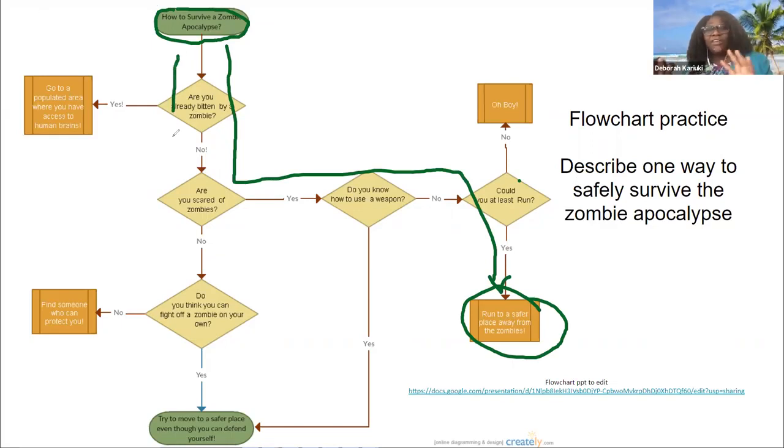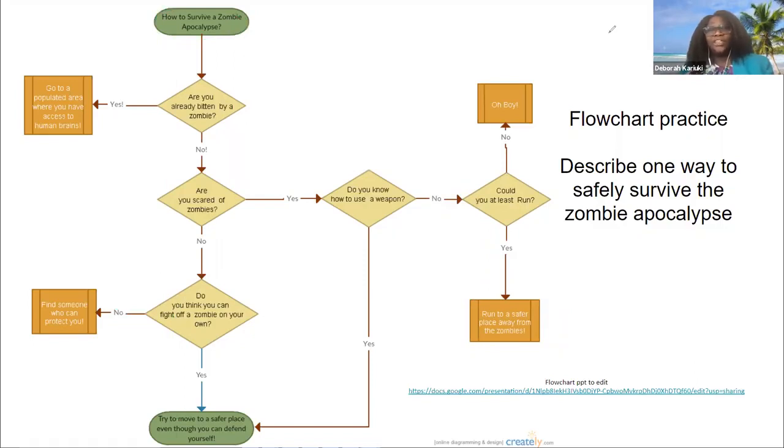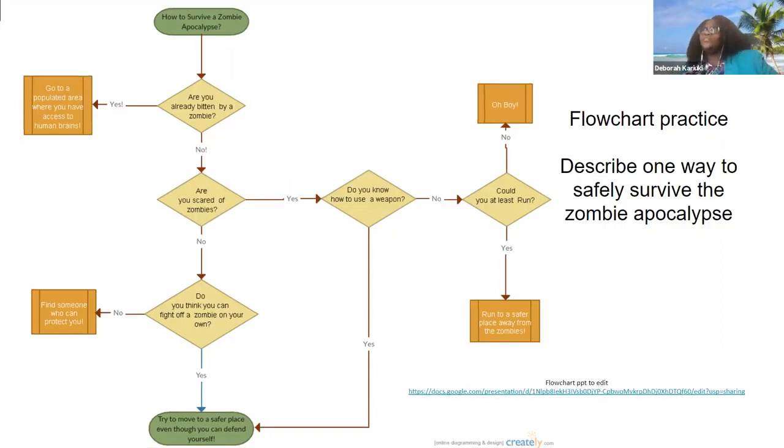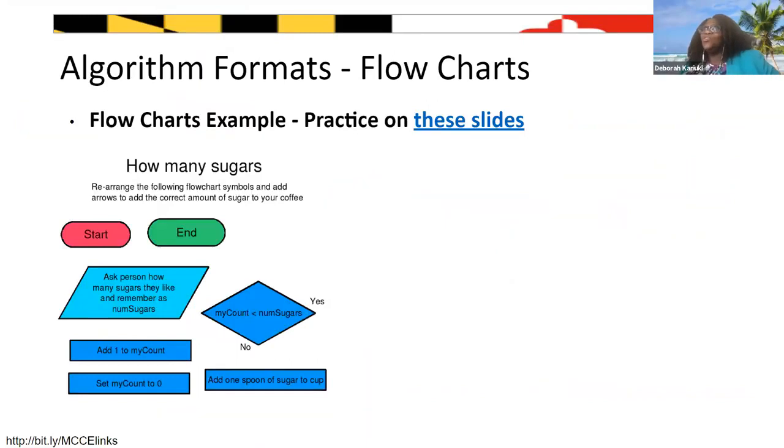So there are all different kinds of aspects that you could have during a question with a flow chart, and you just need to follow the questions and the prompts, and then you'll be able to answer the questions. So most likely they'll be asking, describe one way to safely survive the zombie apocalypse. So can you do that? Can somebody go through one and show me how they would do that very quickly?